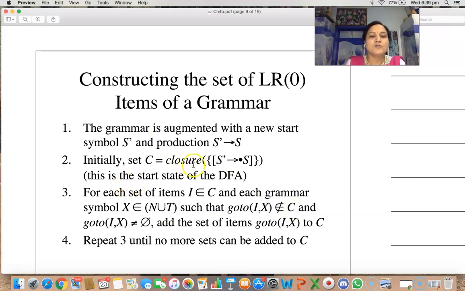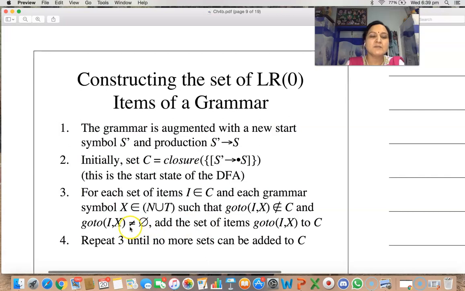So what we are going to see? We are going to see that from S dash tends to dot S, do we get the gotos, that is transitions on other grammar symbols. If those are new grammar symbols, we are going to add it into the C. If we are getting repeated, then we are not going to add it.